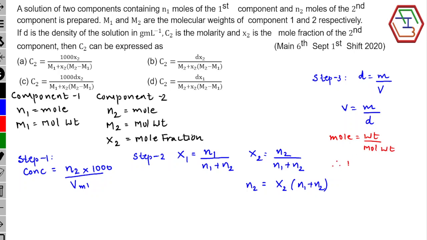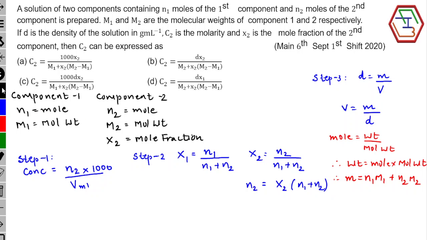So therefore weight will be equal to mole into molecular weight. Therefore, can I say mass can be written like this: N1 M1 plus N2 M2. क्या है? Total mass. Total mass of solute and solvent. So these three concepts we are going to apply.